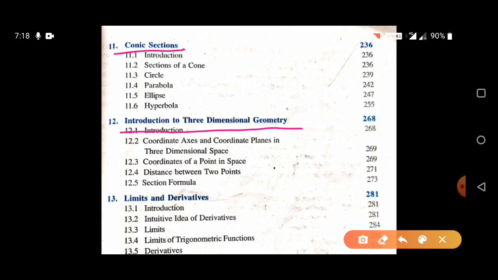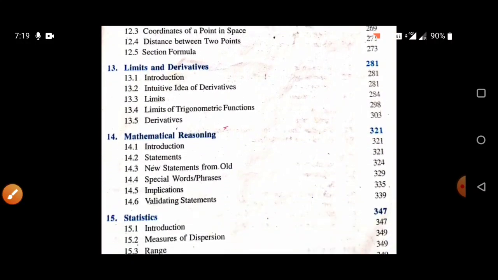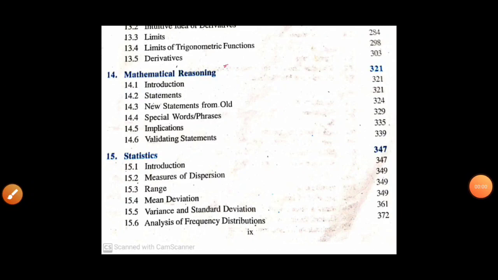So straight line, conic section and introduction to three-dimensional geometry, these are all related to coordinate geometry, and some of the concepts of coordinate geometry you got in the earlier classes also. Limits and derivatives, mathematical reasoning, statistics you got in your earlier classes.